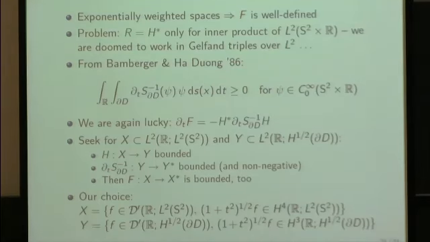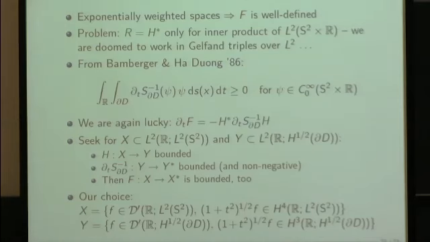The criteria to seek them is, well, we should find X and Y somehow such that H is bounded between them, that this guy is bounded from Y to Y star, and then we would look at F from X to H star.